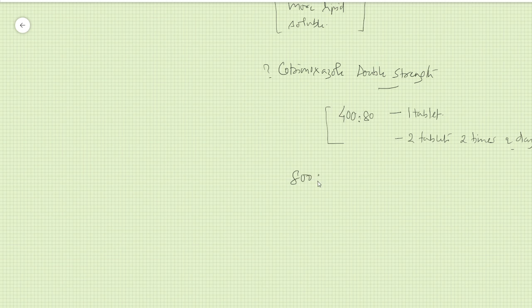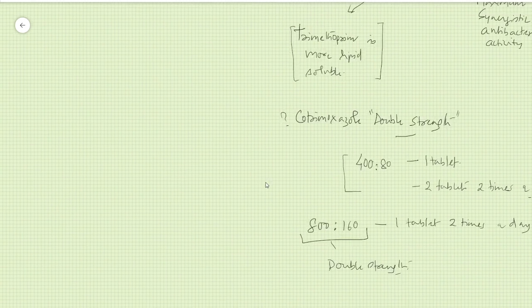If you are able to administer 800:160, then you need to give only 1 tablet 2 times a day. Okay, so this is double strength. So this gives us the logic behind why in some markets double strength tablets are available.